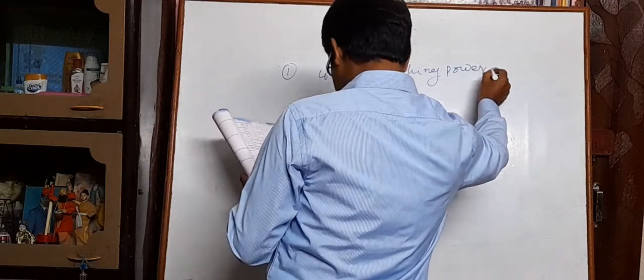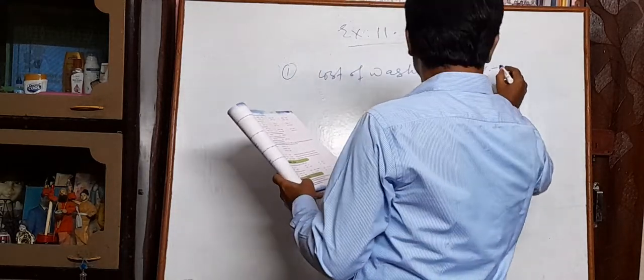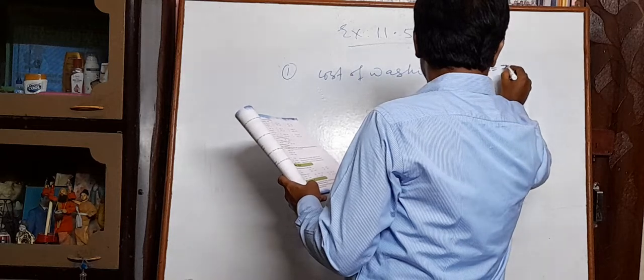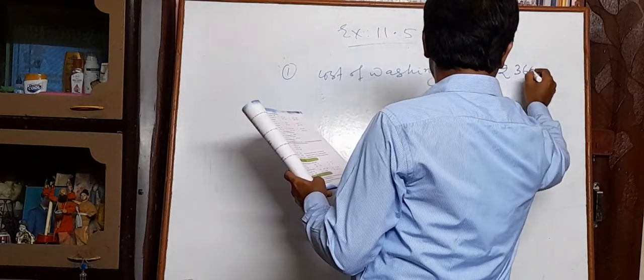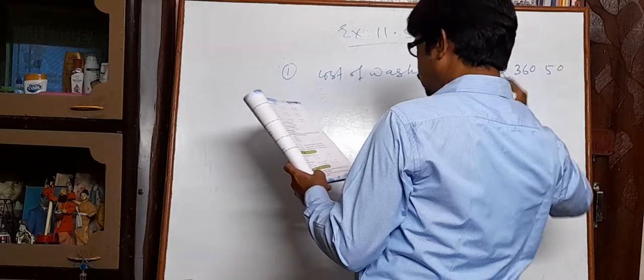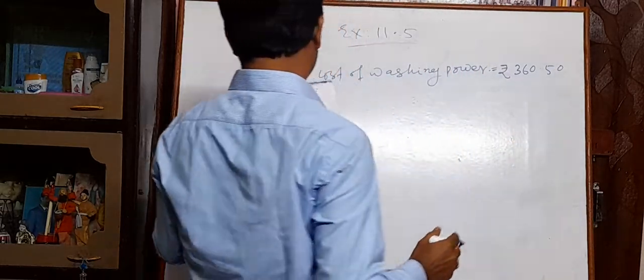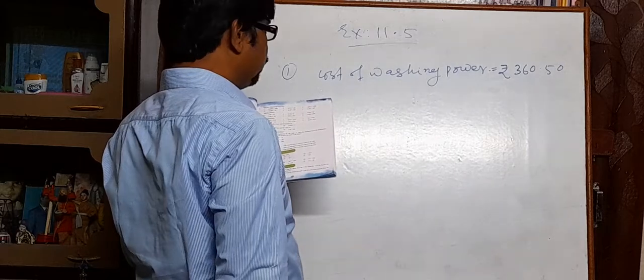Cost of washing powder is equal to rupees 360.50. 360.50 means 360 rupees 50 paisa.